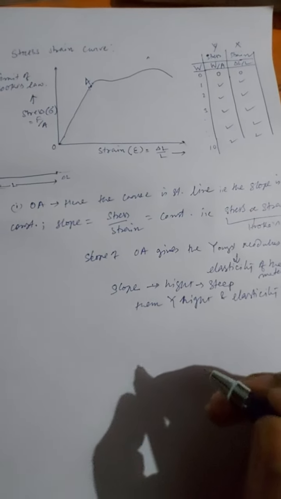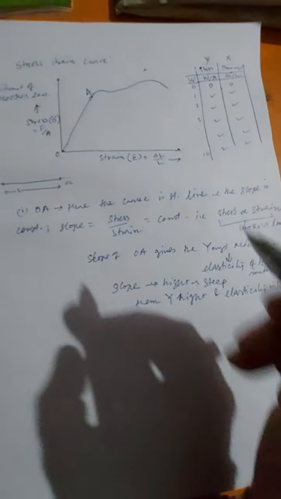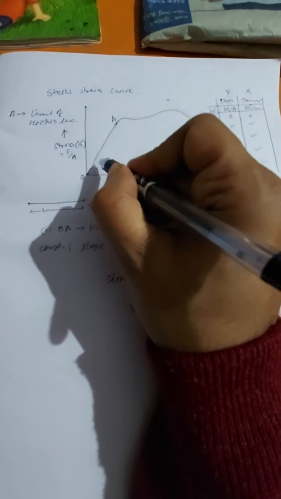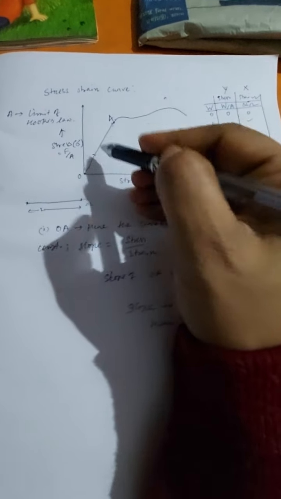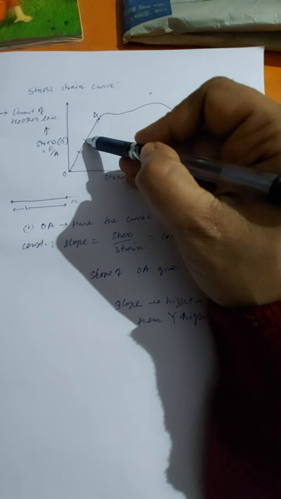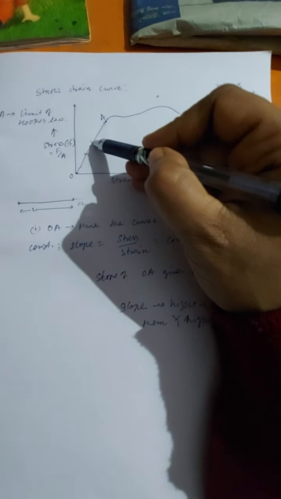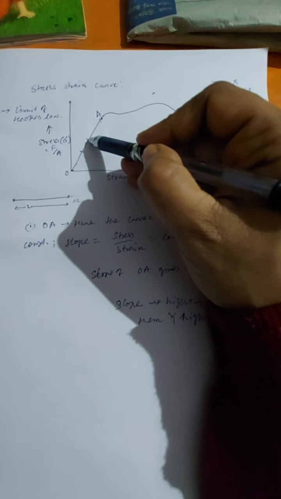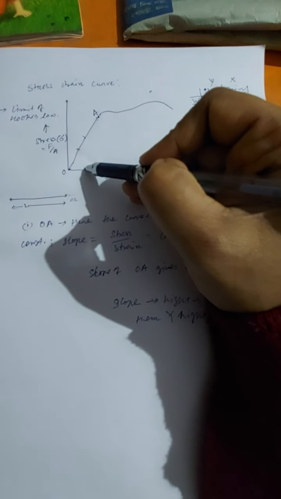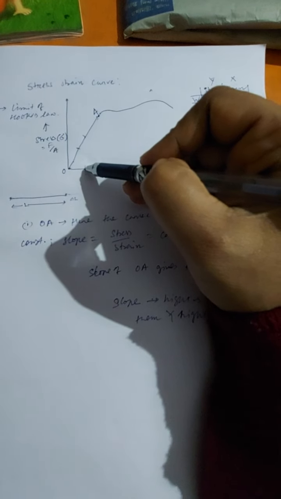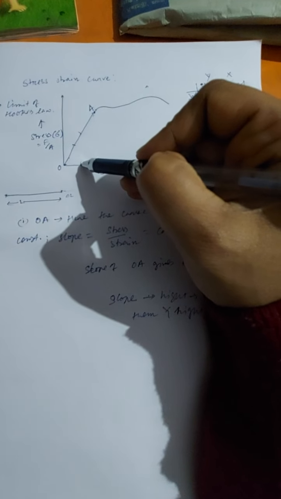Another important thing we can see is that at any point in this region O to A, if we load the wire by giving a stress till here, we will get a strain of this length.